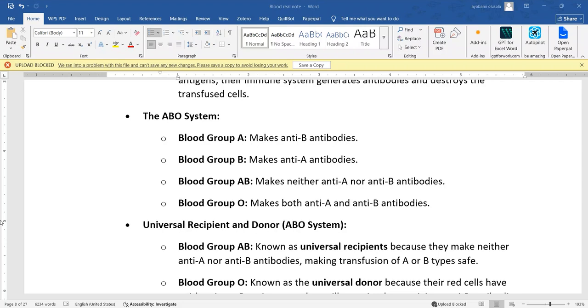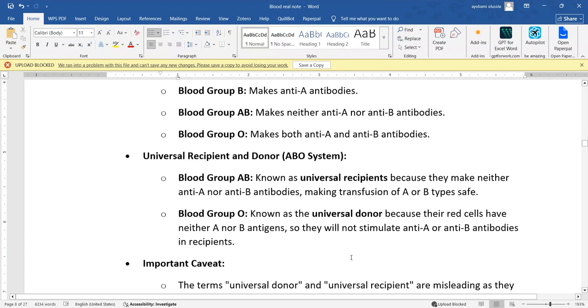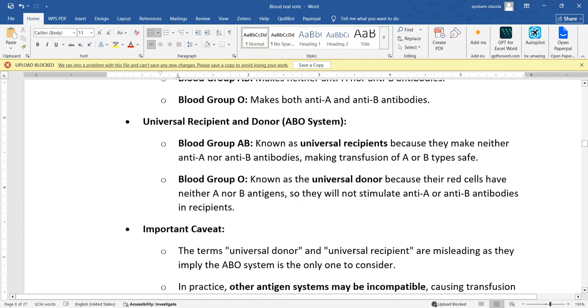The universal recipient is AB, like we said. AB are universal recipients because they don't make antibodies, while blood group O are universal donors. But there's a caveat. A caveat means there's a but, because there are other things you have to consider, like the rhesus factor.